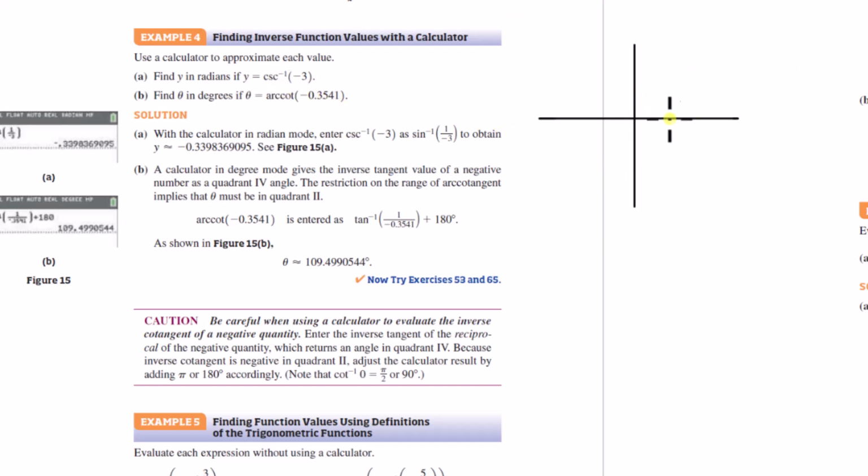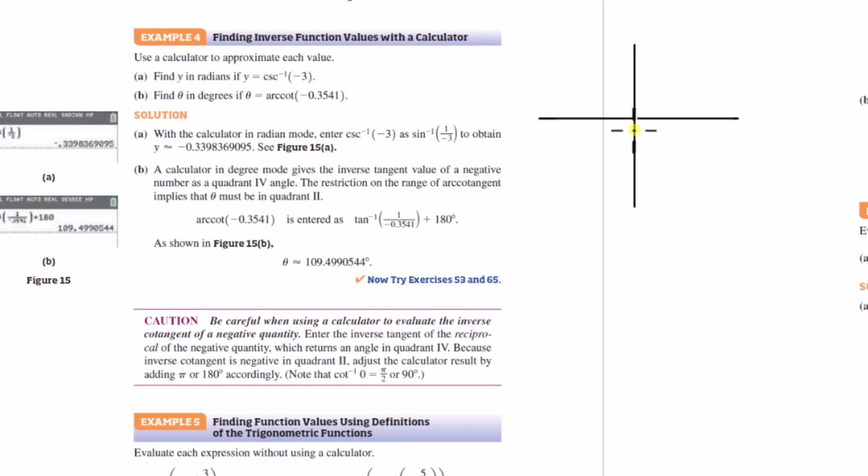Now let's continue to think about this. Cosecant is the reciprocal of sine. Sine is positive in quadrant 1 and negative in quadrant 3 and 4, so this angle is going to be below the axis.